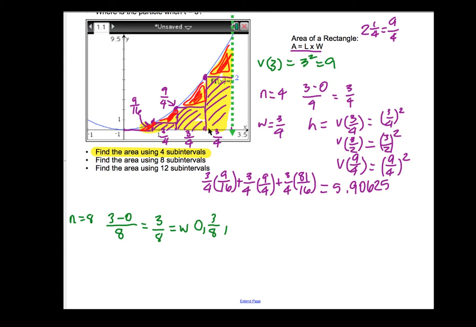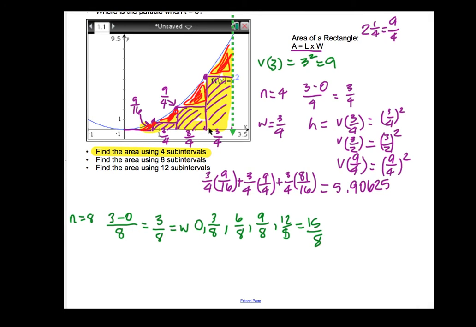So 3/8 would be 6/8. 3/8 to that would be 9/8. So here's just over 1. 3/8 to that is 12/8. 3/8 to that is 15/8. And then 3/8 to this would be 18/8. 3/8 to that would be 21/8. I don't know why I wrote equals here.